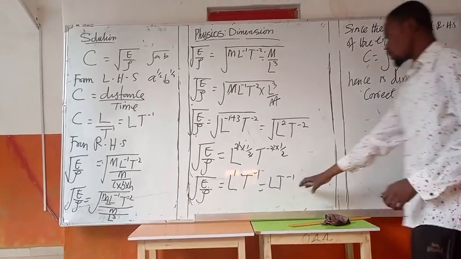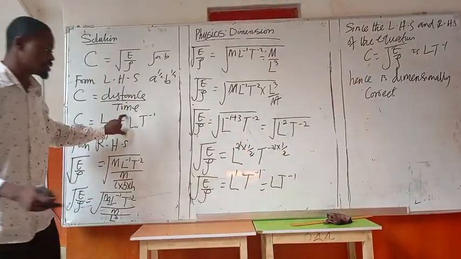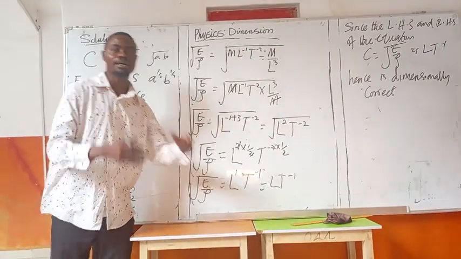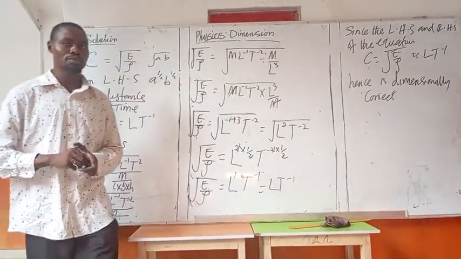It's very easy. This is the left hand side, L T minus 1, this is the right hand side, L T minus 1. They are dimensionally correct. Thank you and peace out.